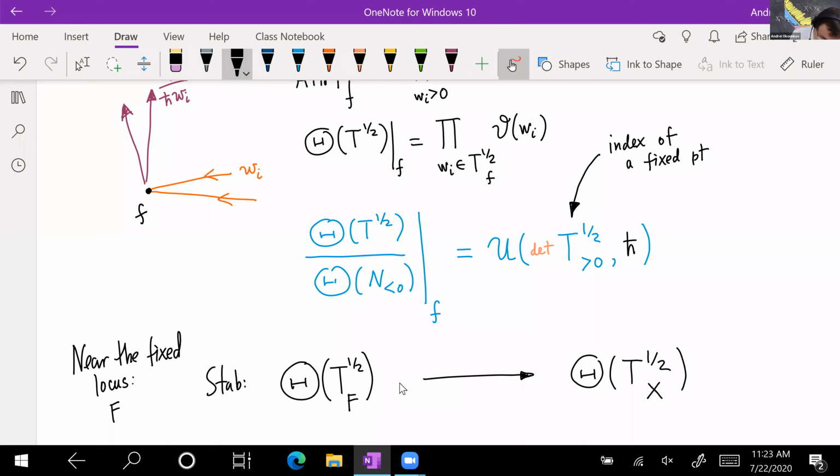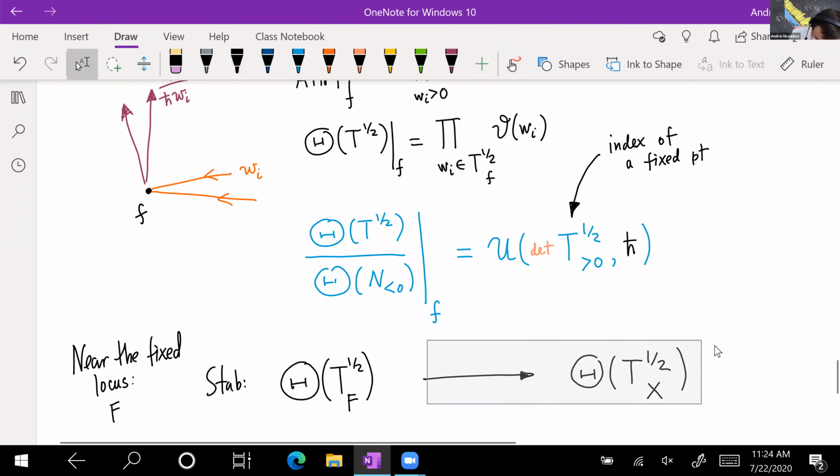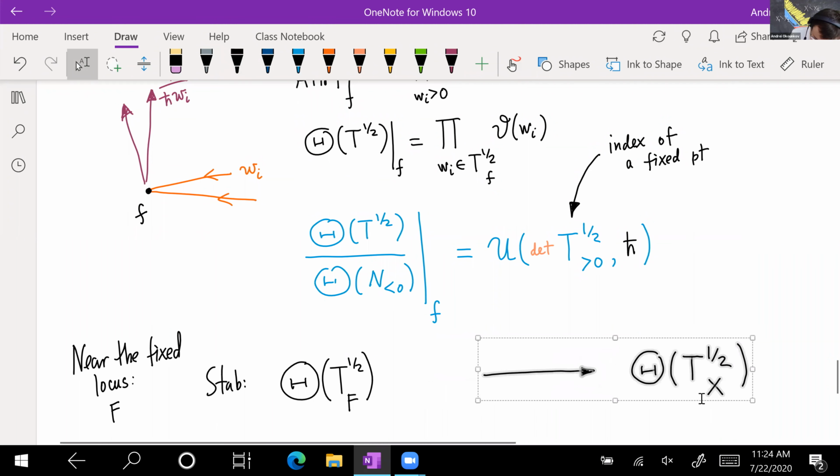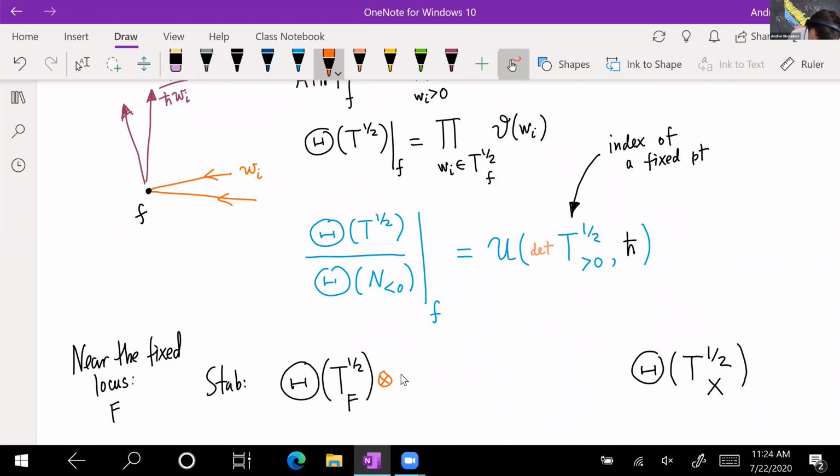But then you have to twist it by U of, well, put minus, or I can write it as the inverse.